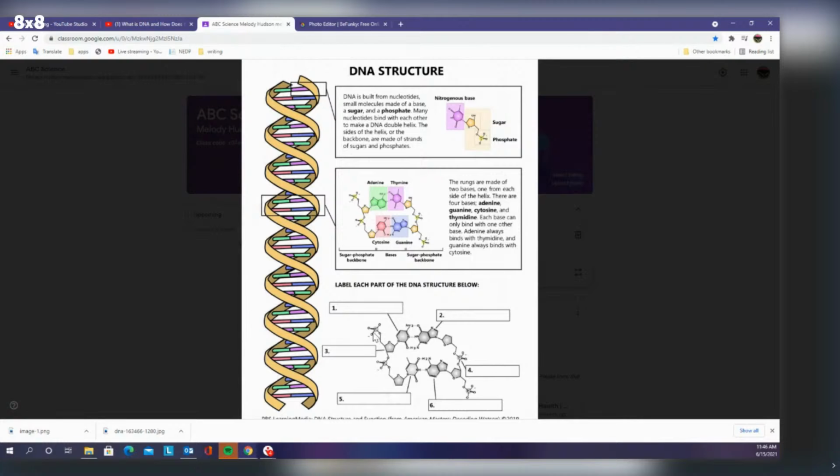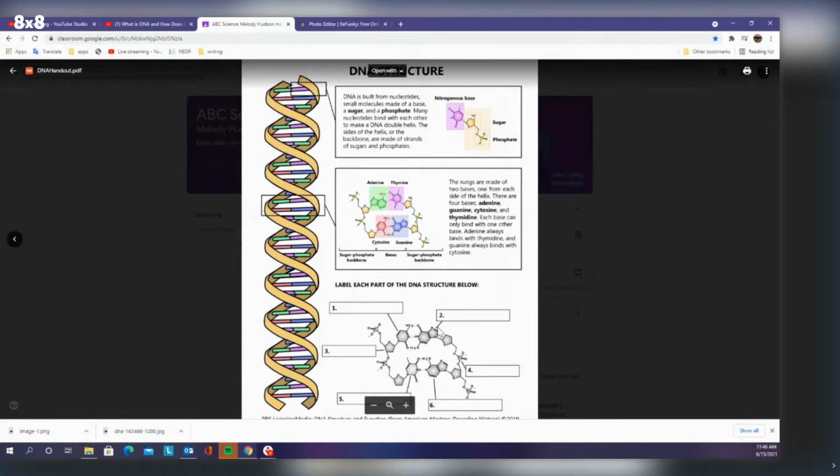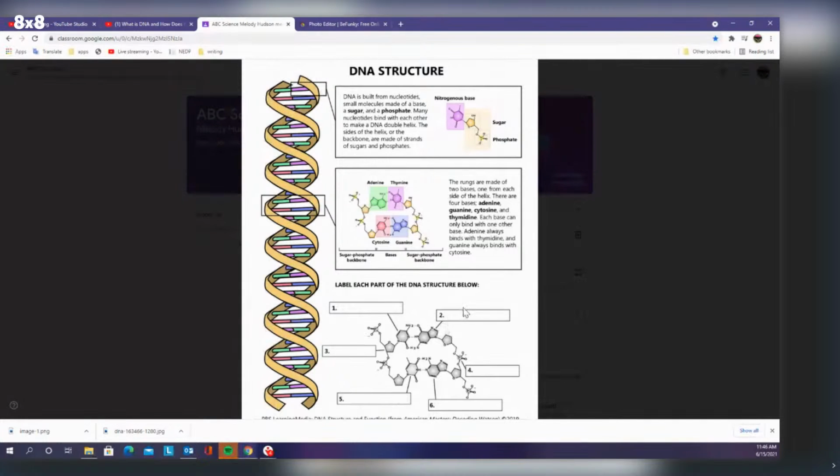That's what it's called. Notice we have a phosphate, we have a sugar. So what is this called? This is a sugar here. This is our nitrogen here. Notice our nitrogen. And then we have our phosphate here.